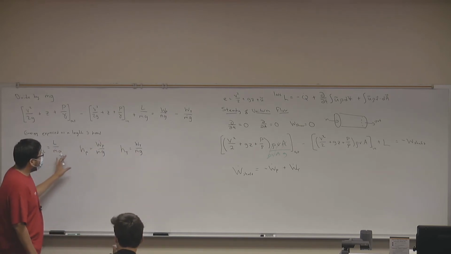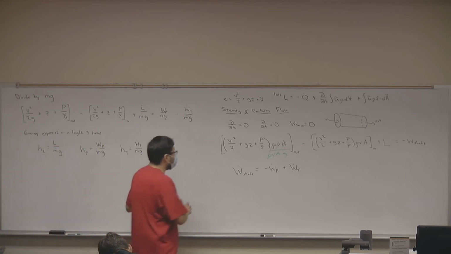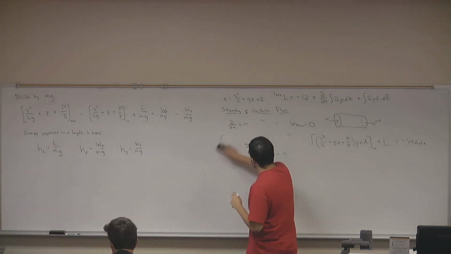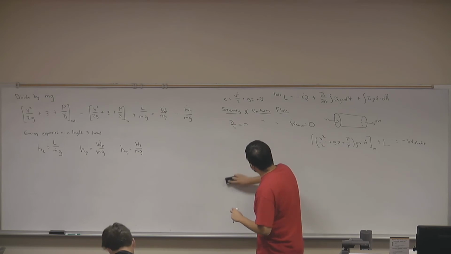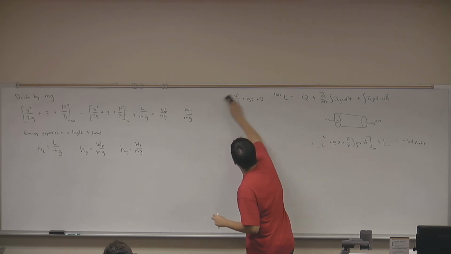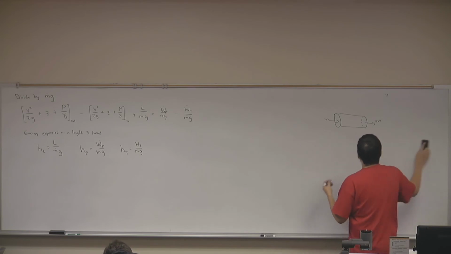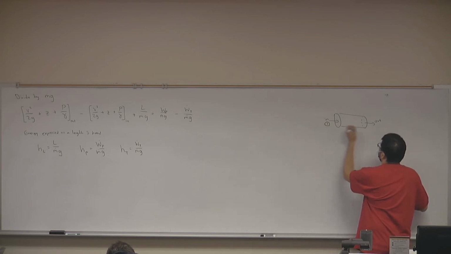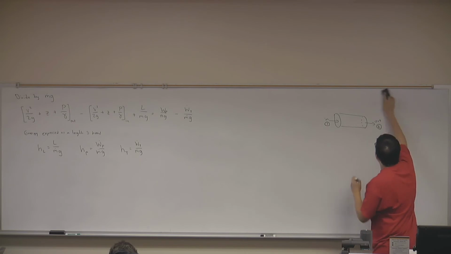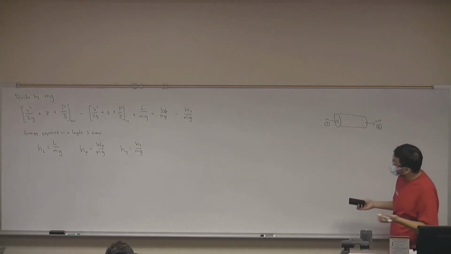But expressing these terms in the energy equation and rearranging the equation a little bit, you'll see that for most textbooks and most problems, we're going to identify my inlet control surface with the number 1 and my outlet control surface with the number 2.